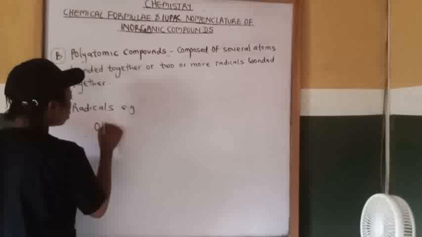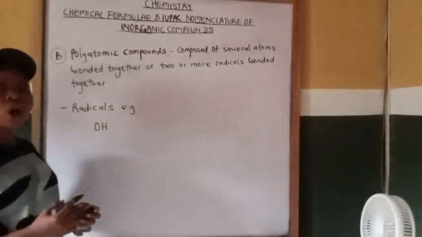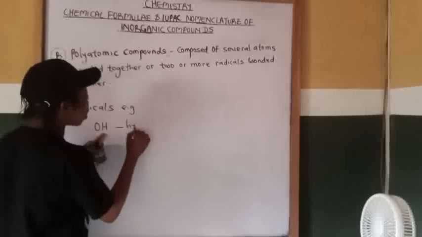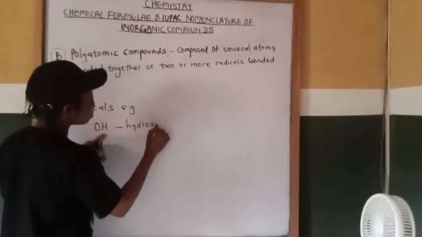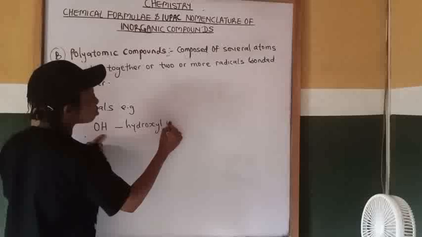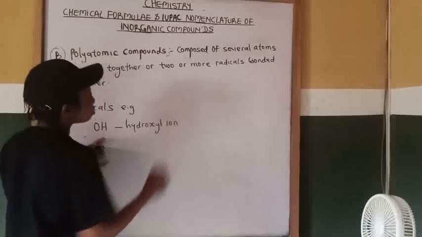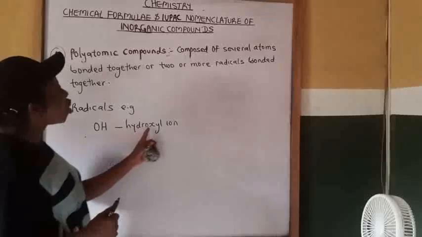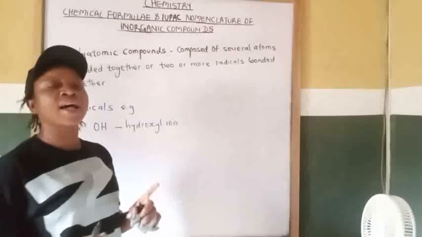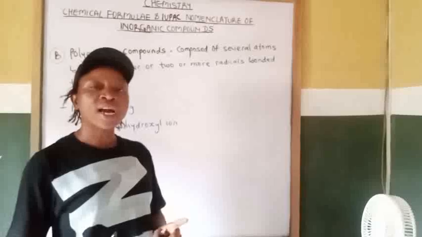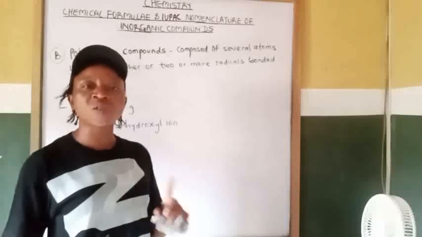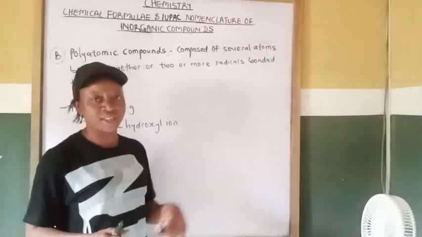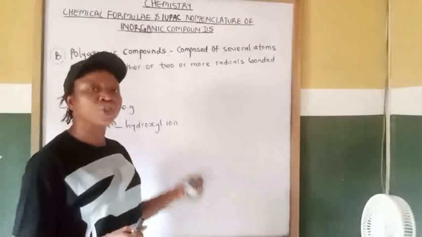For example, OH. OH is called a hydroxyion. So when OH combines with an element, that is a positive ion, it will change to hydroxide.